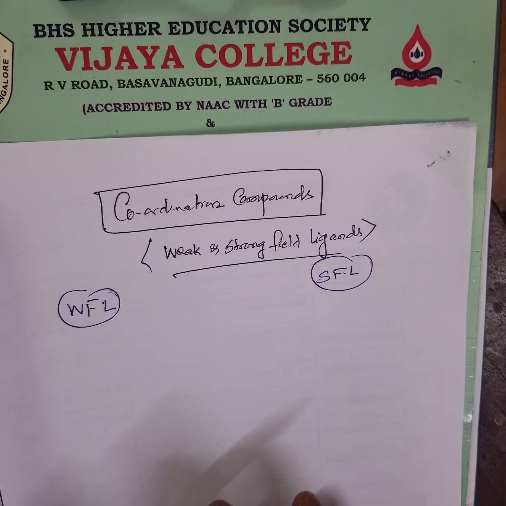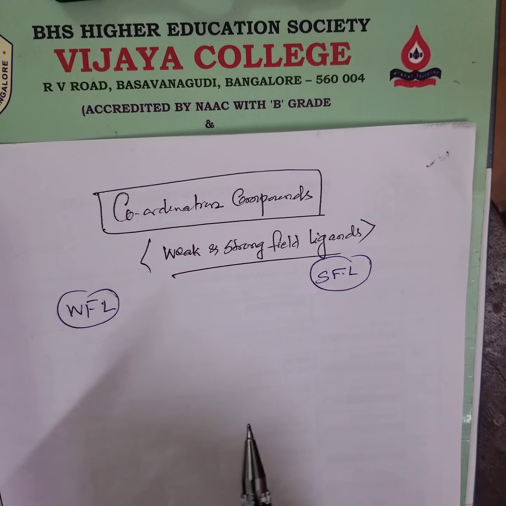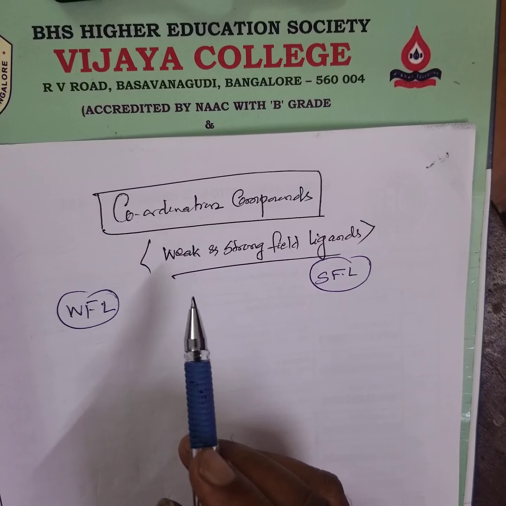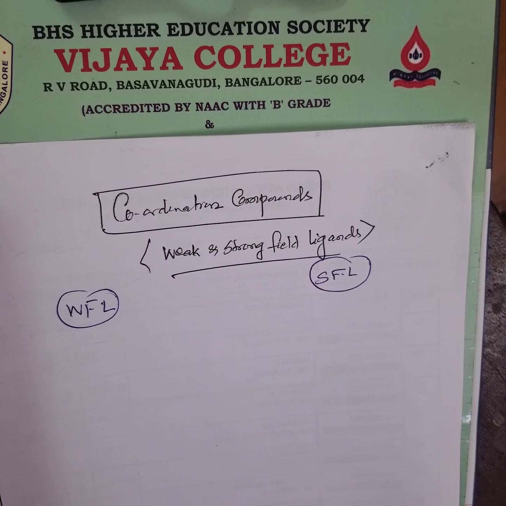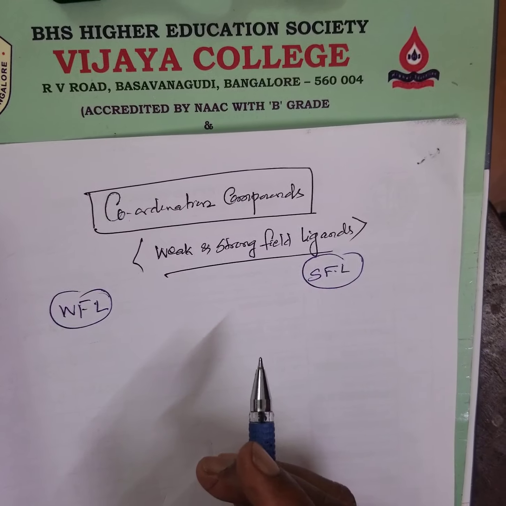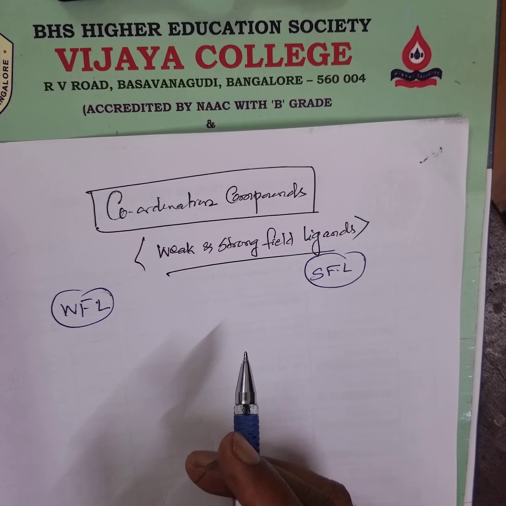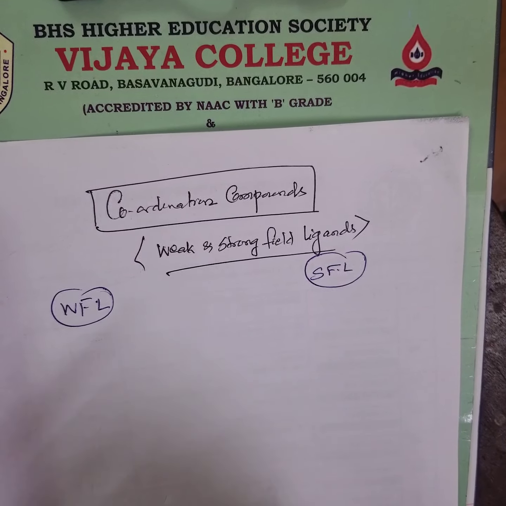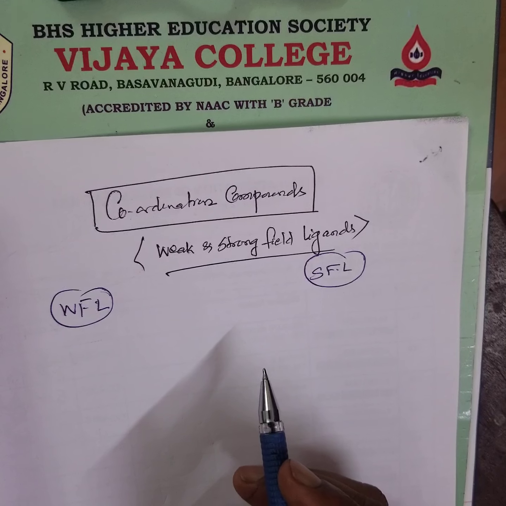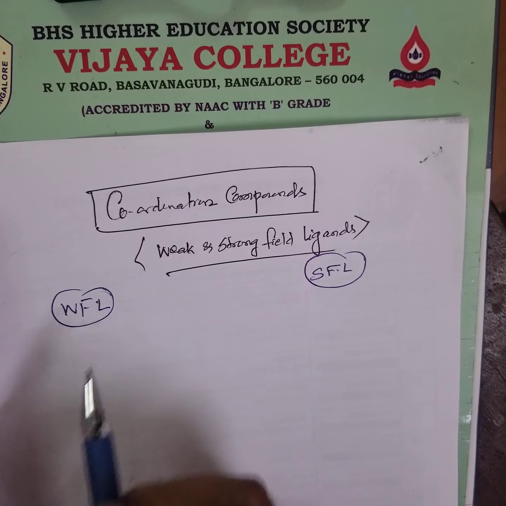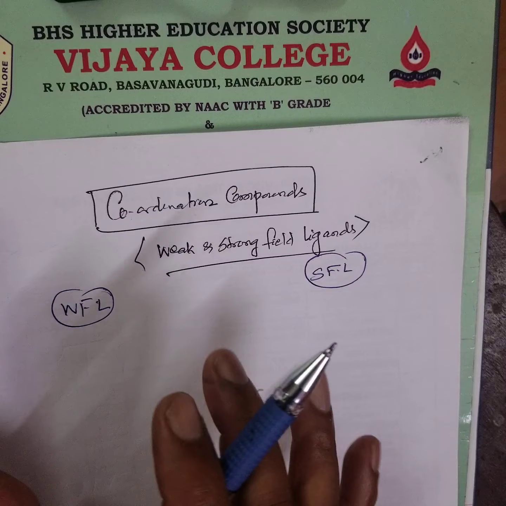See, it is very important to know the strength of the ligands, and this classification depends upon the spectrochemical series, but we don't want to discuss that spectrochemical series. Whatever we know, from that we start operating.